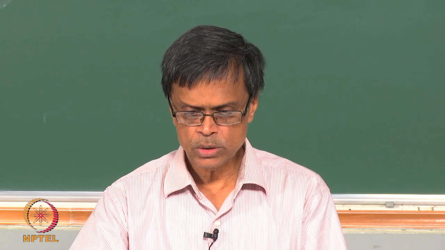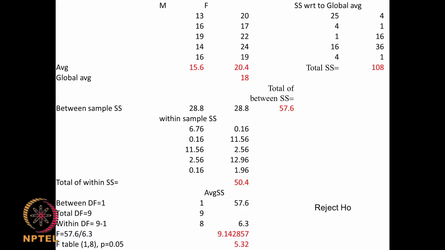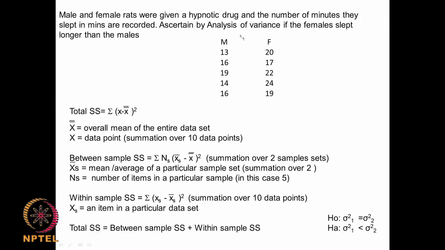It is not very difficult to do, it is quite simple actually. The most important point is you need to understand two important concepts. Concept number 1: we have one sample set and another sample set. In this case it is male, female; it could be drug A, drug B, operator 1, operator 2.